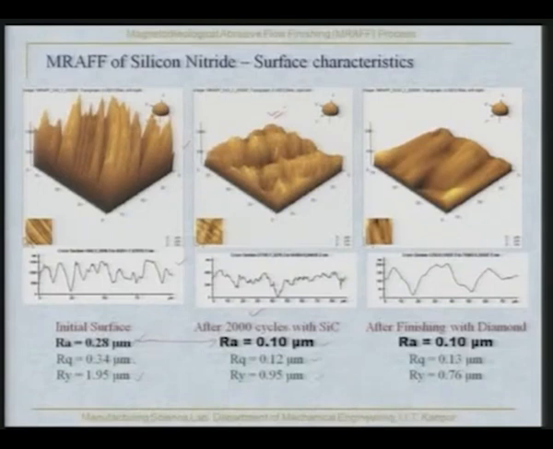We finished the same component in the same way with diamond particles of the same size, and we did not get improvement as far as the Ra value was concerned, although Ry reduced to some extent and Rq remains more or less the same, but there was a significant qualitative change in the texture of the surface, as you can see at the extreme right, and in the middle the Ra value remains the same, but the surface texture, qualitatively surface finish, has changed substantially.